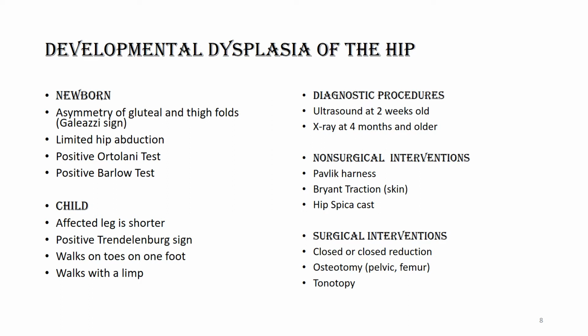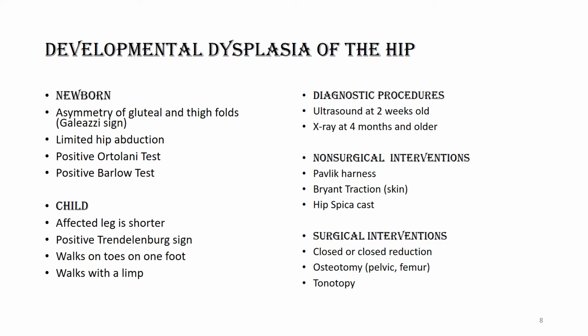Then we'll do the Barlow, which will be returning it, so we displace the hips, and it shouldn't be that easy to displace the baby's hips. So we move our thumbs just a little bit more on top of the thighs, and we push down and in for the Barlow, and as we get close to adduction, we'll feel another clunk as we reduce the hip.